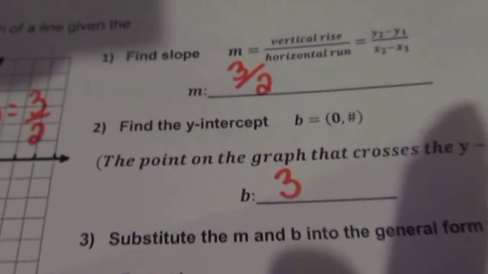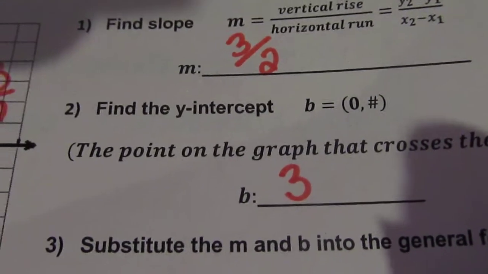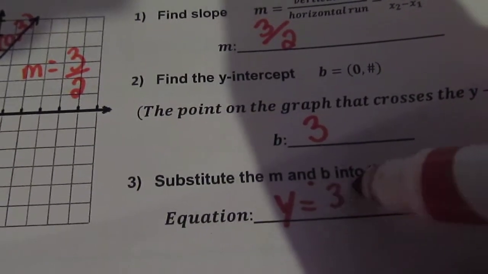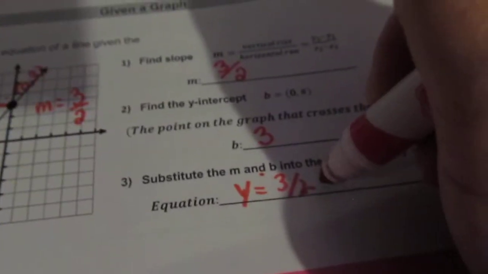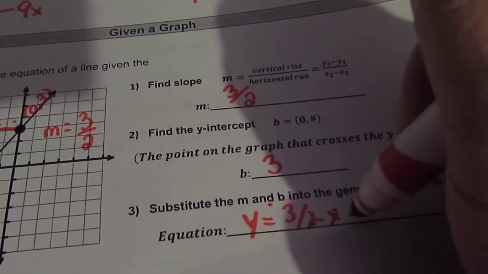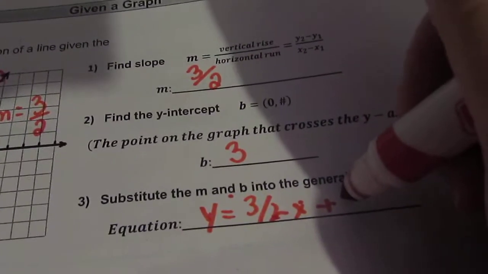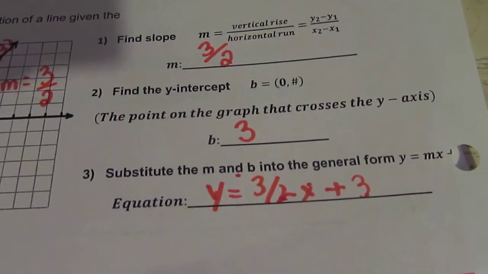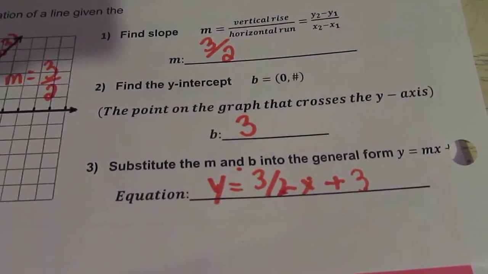Now I take those two, I only need a slope and a y-intercept, substitute the m, or 3/2, into this part of the equation. And the b, which was 3, I'm going to put here to get the equation y equals 3/2 x plus 3.